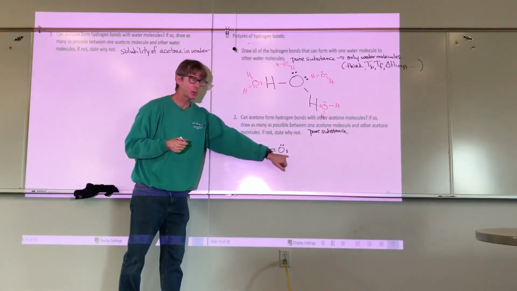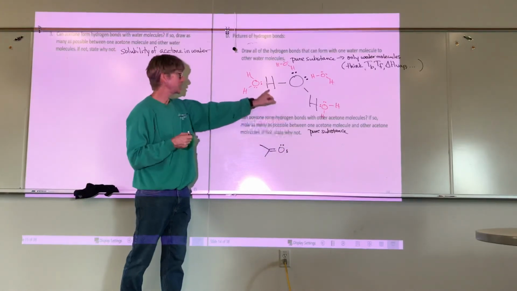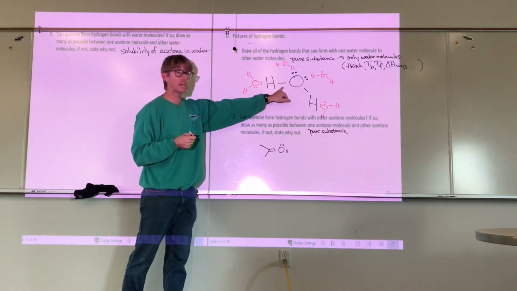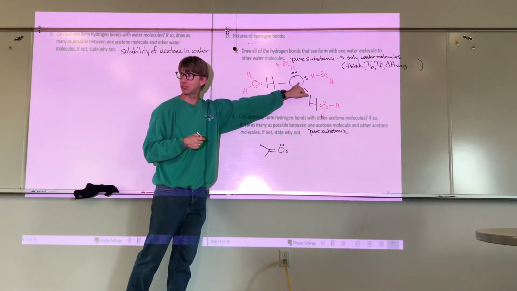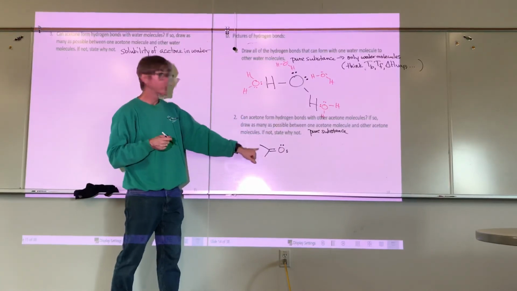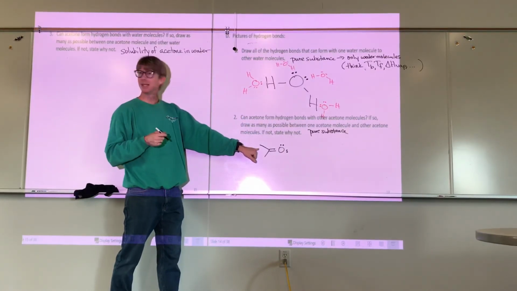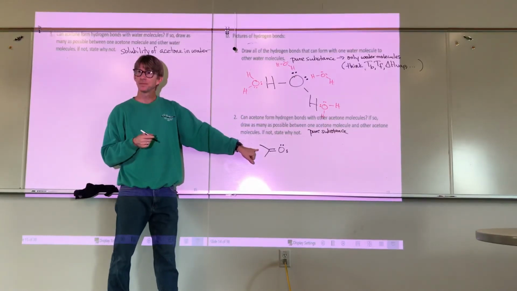You need to have an O with a pair of electrons, check. You need to have an H covalently bonded to O, N, or F. The only H's I visualize in acetone are bonded to carbon. Not going to form a hydrogen bond. Not a very polar bond.